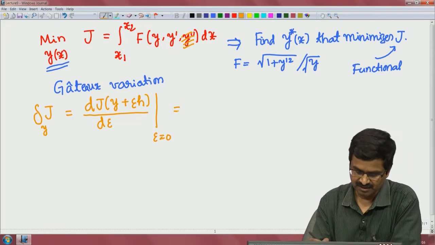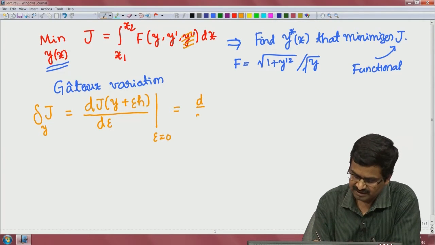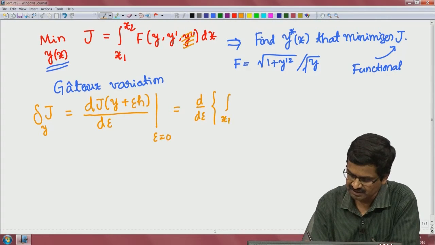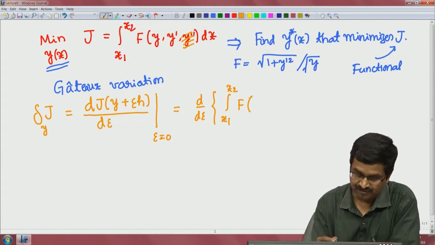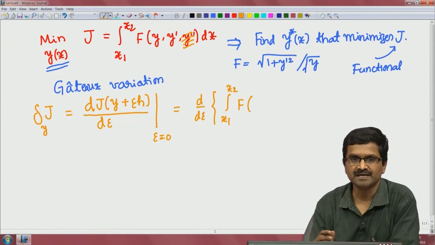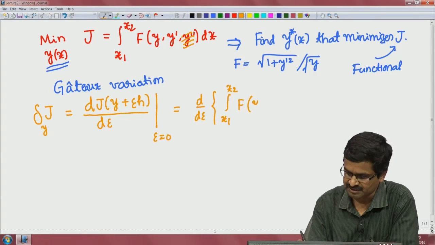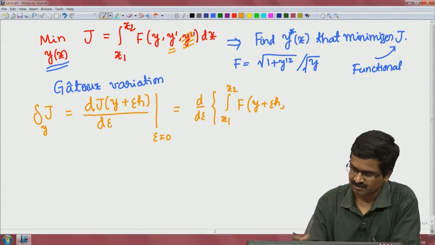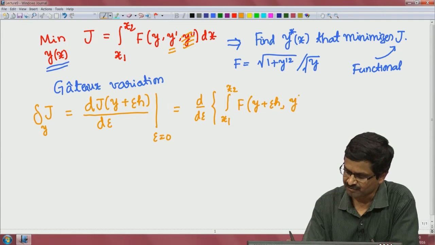If you take this, we have d by d epsilon of J of y plus epsilon h. So, we have to substitute into this integral x1 to x2 f. Now, wherever y is, we substitute y plus epsilon h. Likewise, for y prime, we substitute y prime plus epsilon h prime.